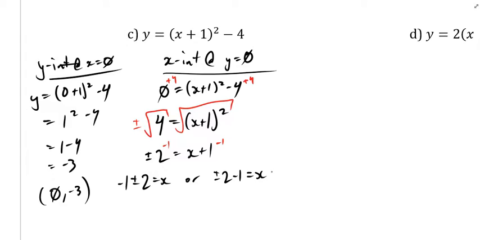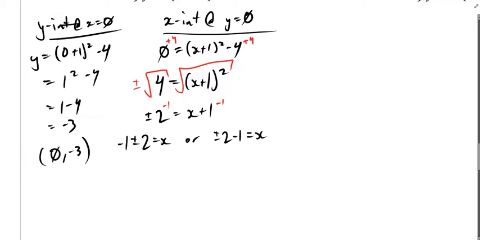So now I'm going to solve these. It's not like one comes from the left and one comes from the right, but I have 2 answers here: x equals negative 1 plus 2 and x equals negative 1 minus 2, right? So I've split it up into 2. You have to do this because we have to find both.